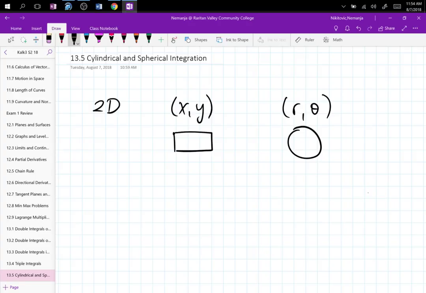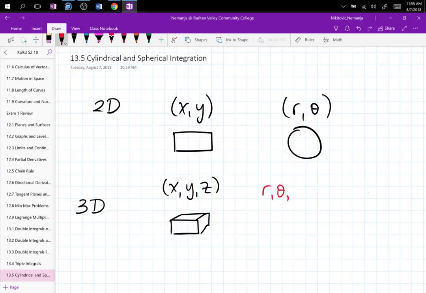Now we are going to go into 3D. I still have XYZ, which is the boxy world, and it includes pyramids and all of the shapes that we dealt with in a previous lecture. And now we have two new systems. There is a system of cylindrical coordinates, which is r theta z, which has cylinders as the base.